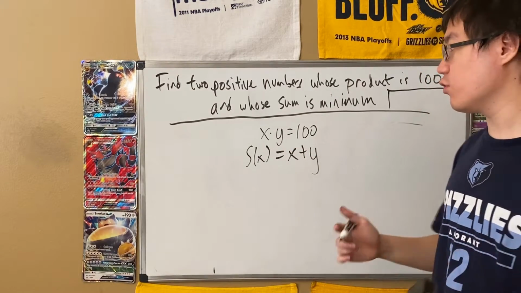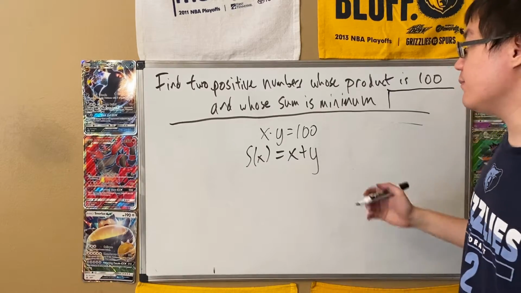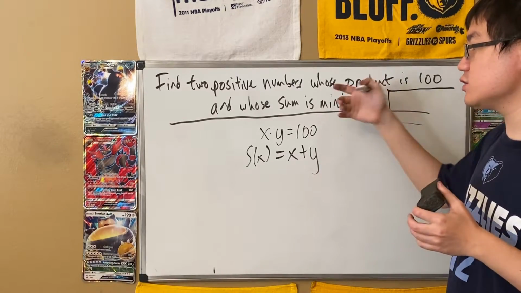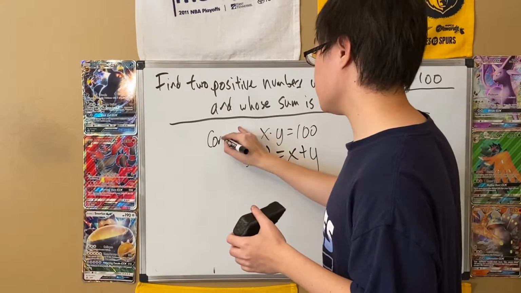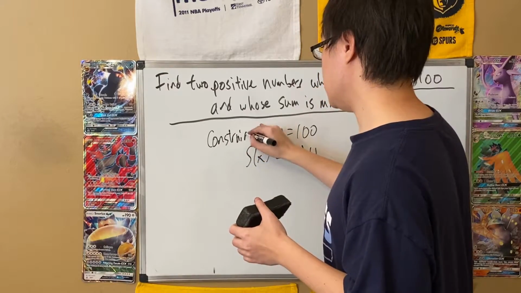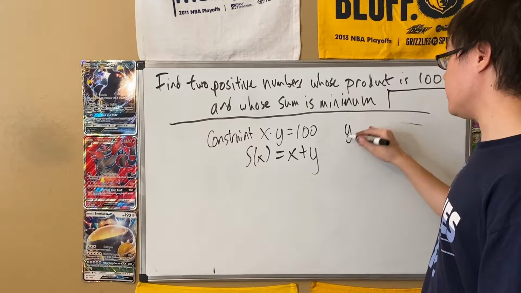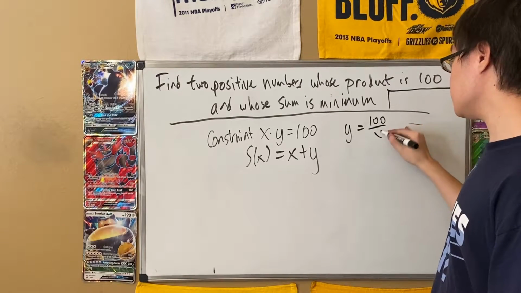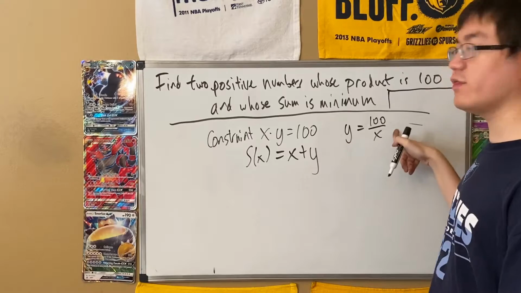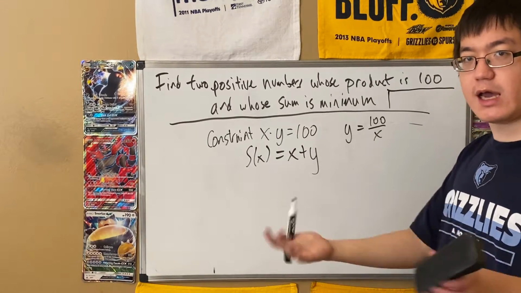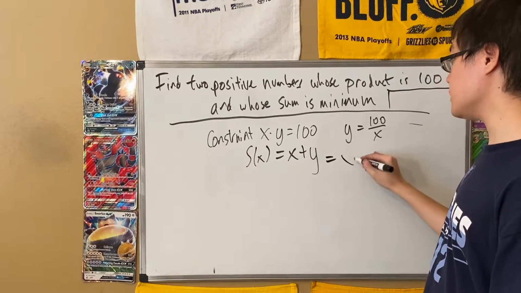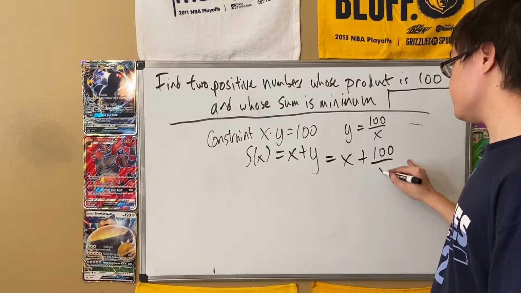What I should do though, of course, is bring over the x, because I need to change the sum function, using this constraint, to be only in terms of one variable. So I'm going to write y is equal to 100 over x. And I'm going to replace the y with this so that I can accomplish my goal. Everything is in terms of one variable, x plus 100 over x.